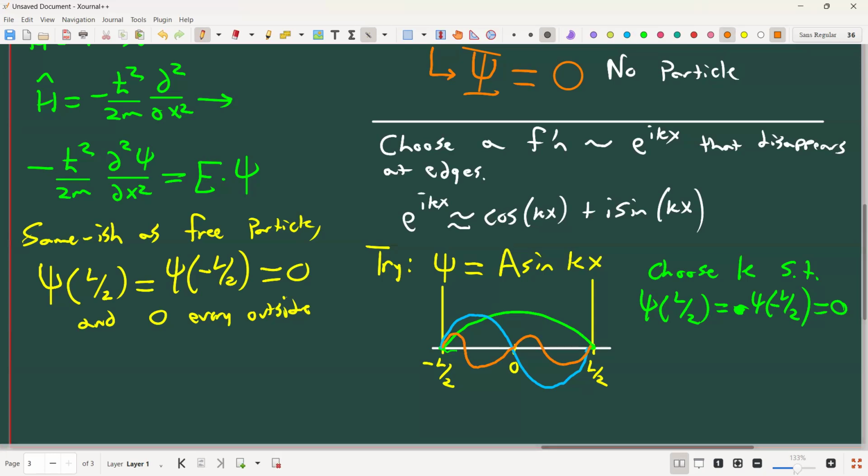So there are many different solutions that work. We could have one that's a half period, one that's one period across the box, and one that's two periods.